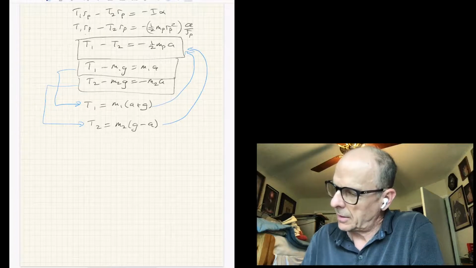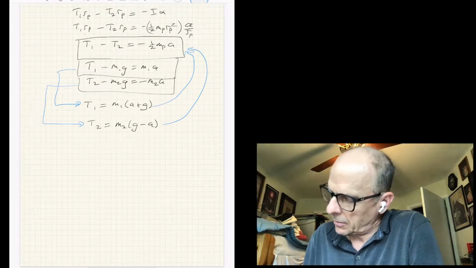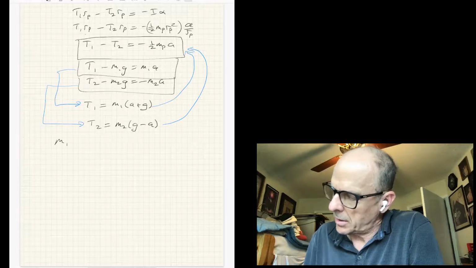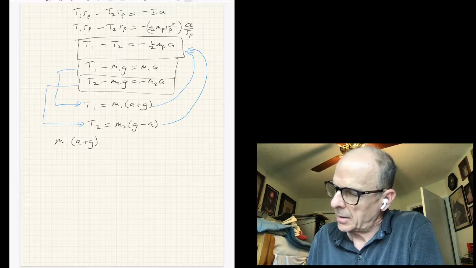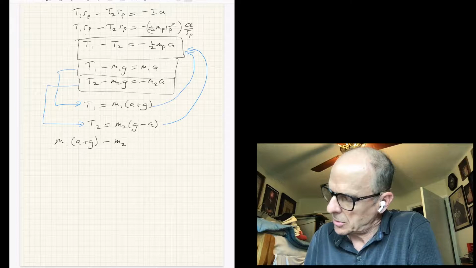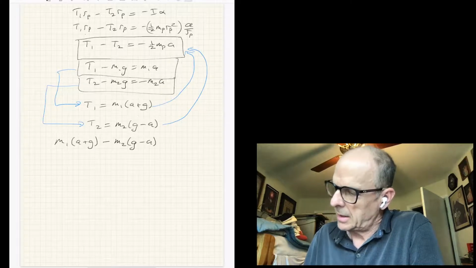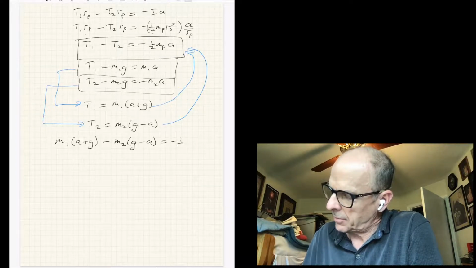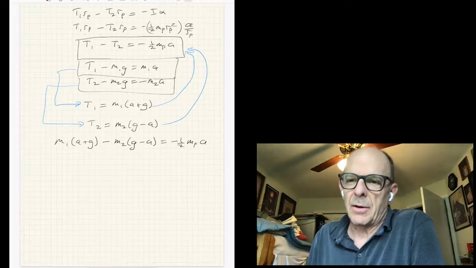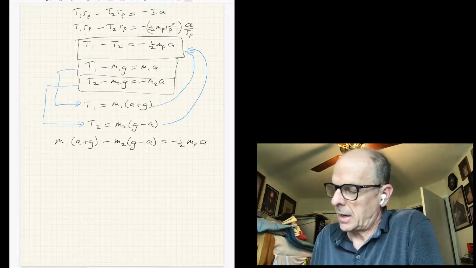And what do we get? T1 is M1 times A plus G minus T2, so minus M2 times G minus A, equals minus 1/2 MP times A. If I'm solving for A, I want to collect all the terms with the A's on one side.